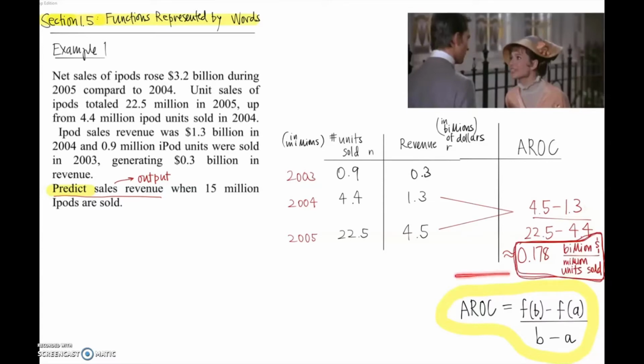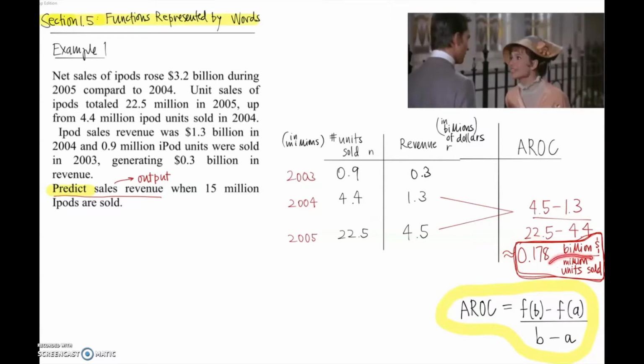So this is such an important number to understand. This is telling us that around this area, when we sell 1 million units, we can expect the revenue to go up this many billion dollars. And so as we're trying to build to, well, what happens when you sell 15 million units? We're going to be using this number.